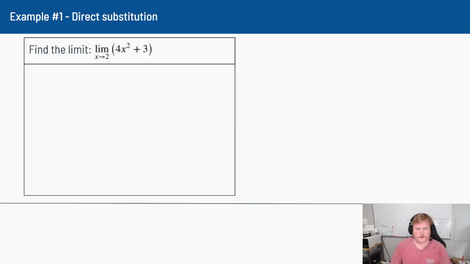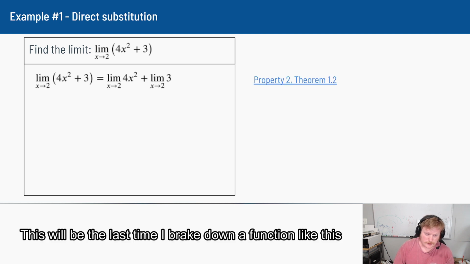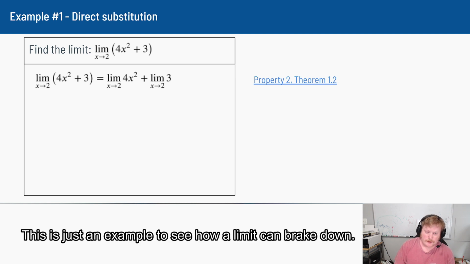Okay. So for our first example, we're going to be talking about direct substitution. We want to find the limit of this function, 4x squared plus 3, as x approaches 2. So the very first thing that we should try is, can we just plug the number in? So, using property 2 from theorem 1.2, you can see that the polynomial can be broken into two smaller pieces.